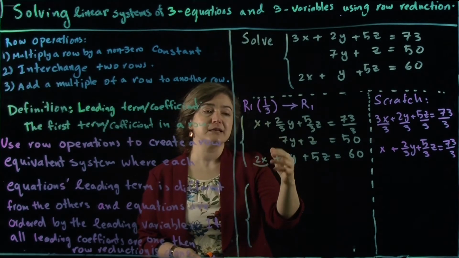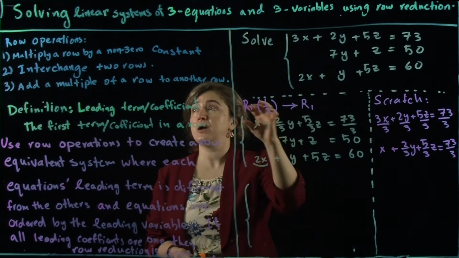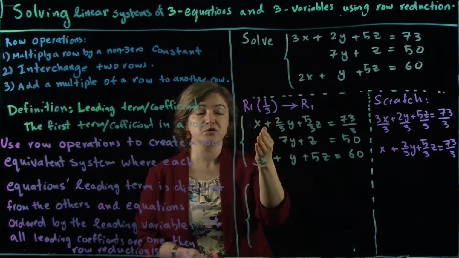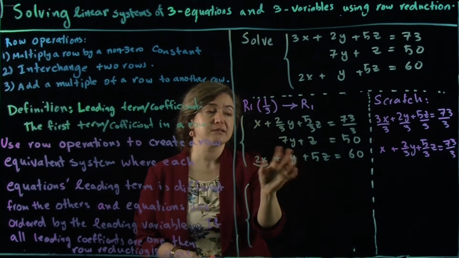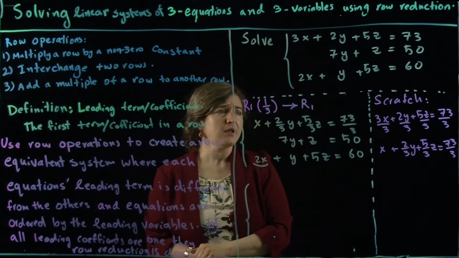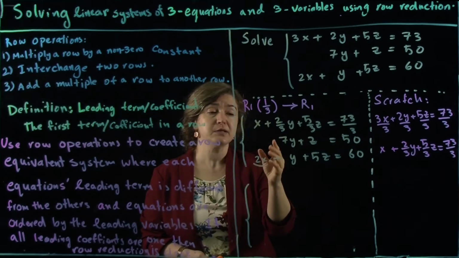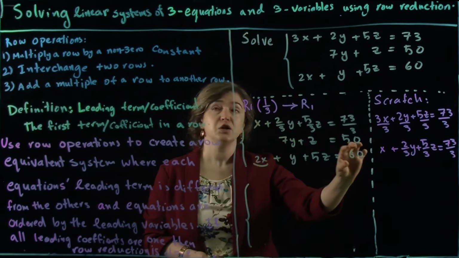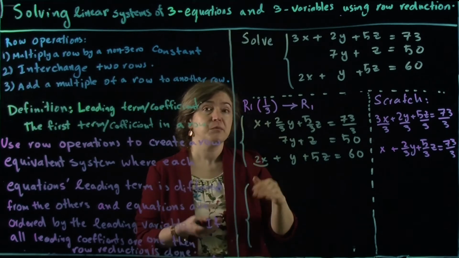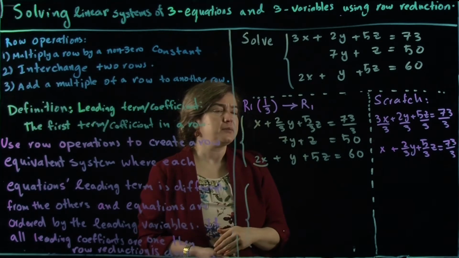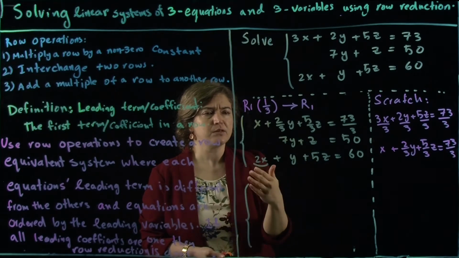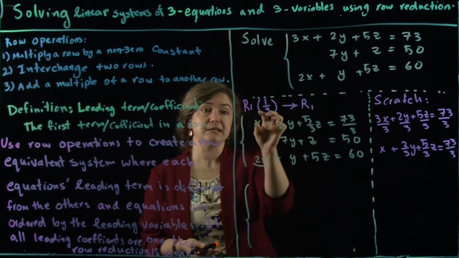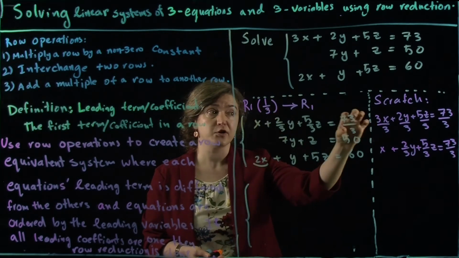I don't need to do any interchange of two rows either, because at this point I'm just trying to eliminate 2x in the third row. Sometimes using the interchange of two rows makes work a little bit easier, but not generally for cases where you're eliminating using the first row.